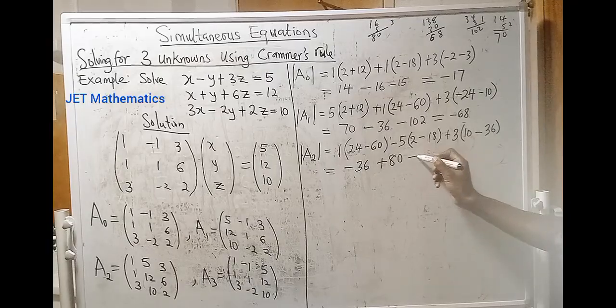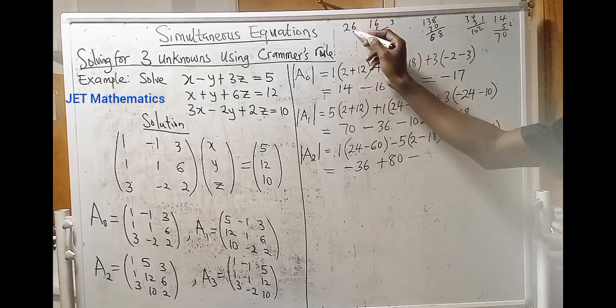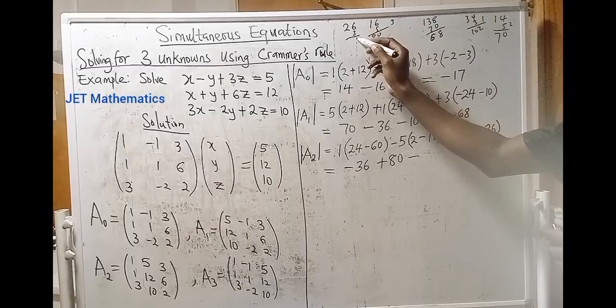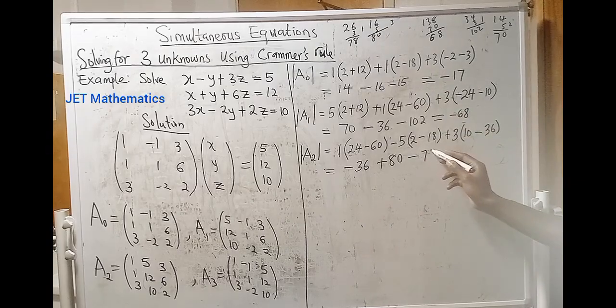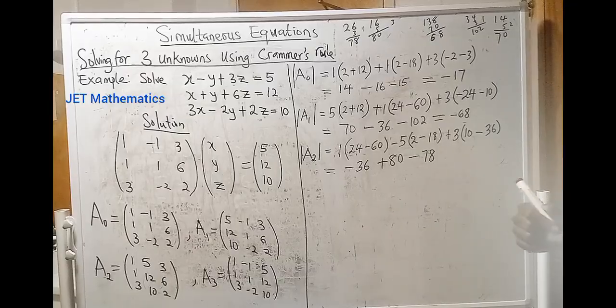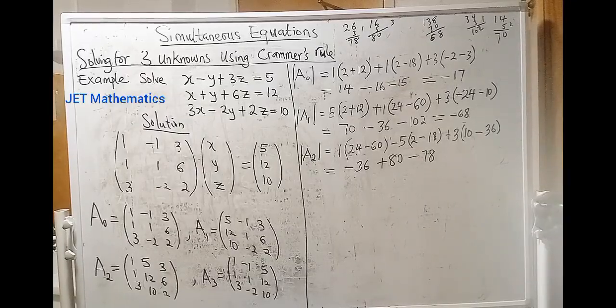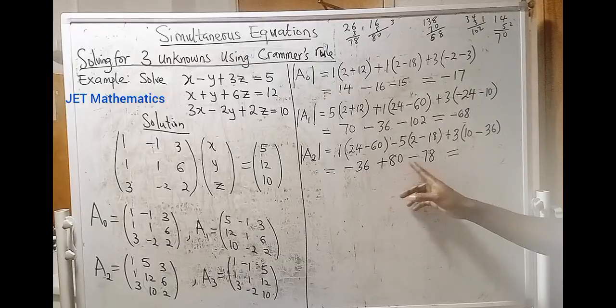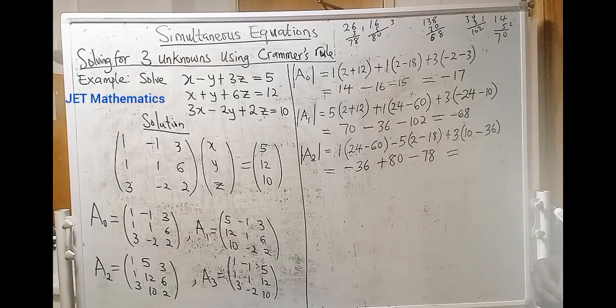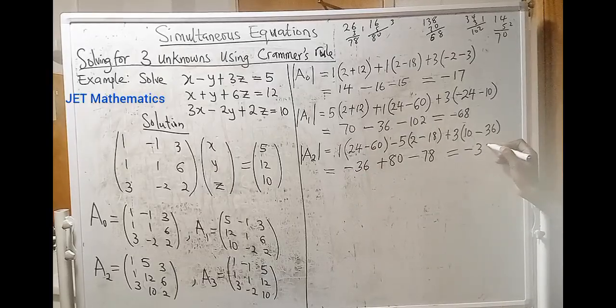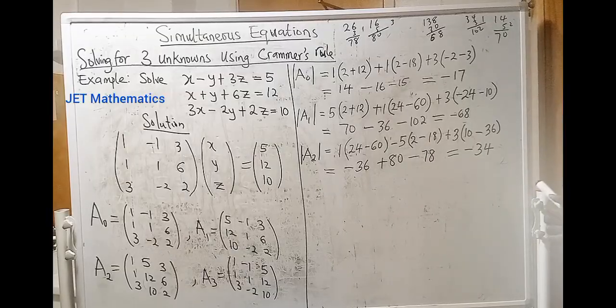So 3 times minus 26, that gives us 78. So we got minus 78 there. So final result here will be 80 minus 78, that is 2. Minus 36 plus 2 is minus 34. Minus 34. Wow, that's quite easy.